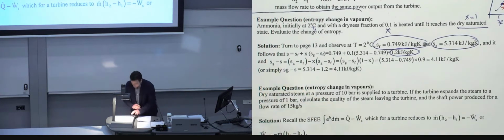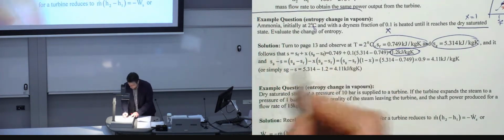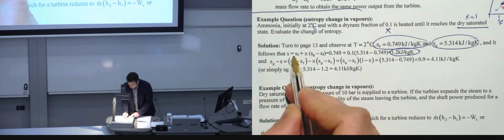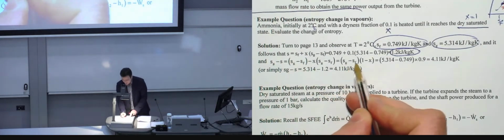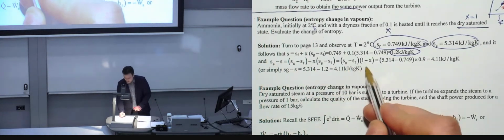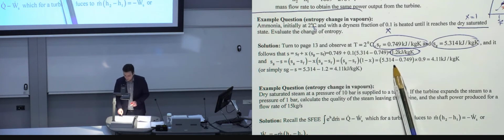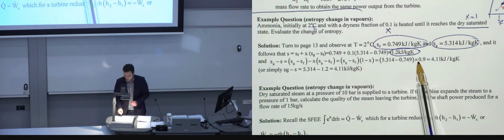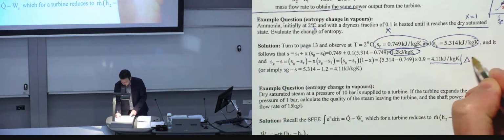So SG minus S is what you are after. It's just simple arithmetic. You've got an equation for S, and if you do SG minus that, and factorize with respect to SG minus SF, you find this simplified form. You stick in the numbers you've got for SG and SF, and 1 minus X will be 0.9, and then you find the value of delta S.